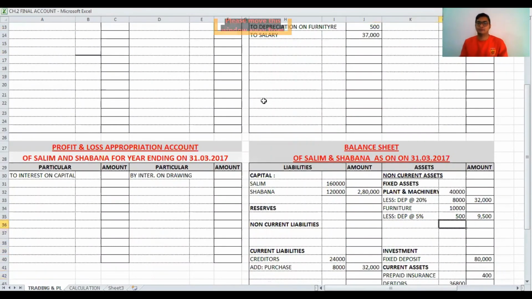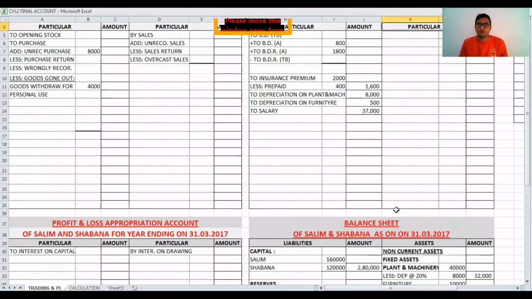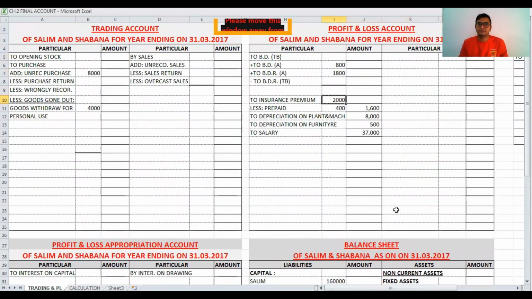Sorry, asset side fixed under the heading of fixed assets, land and building amounting to 1,20,000. Plant and machinery done, furniture done, insurance premium. Insurance premium that is recorded on P&L account debit side done.